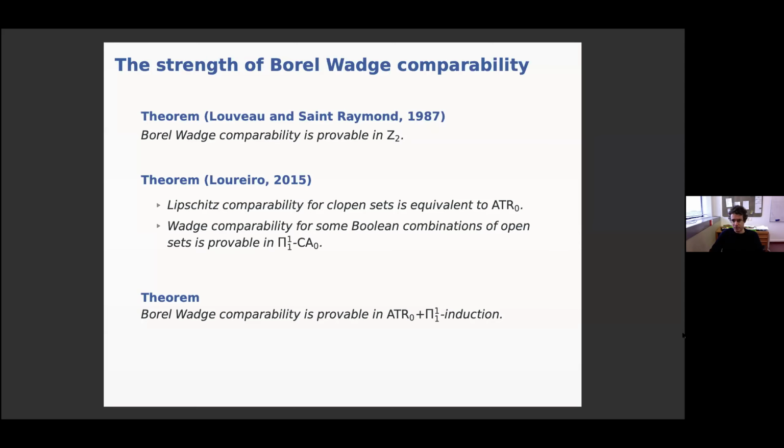And he has a number of results, equivalences to some of the familiar systems of reverse mathematics. One of them is that Lipschitz comparability for clopen sets is equivalent to arithmetic transfinite recursion. And he managed to get a little bit more by using pi11 comprehension, but not a reversal to pi11 comprehension.